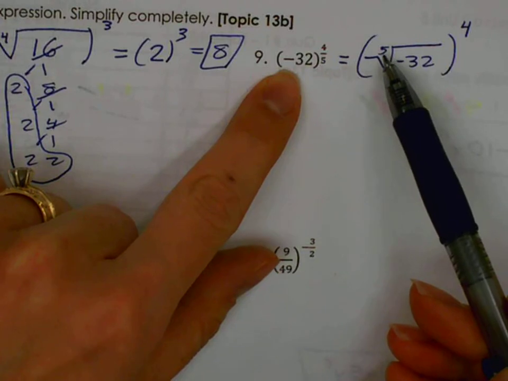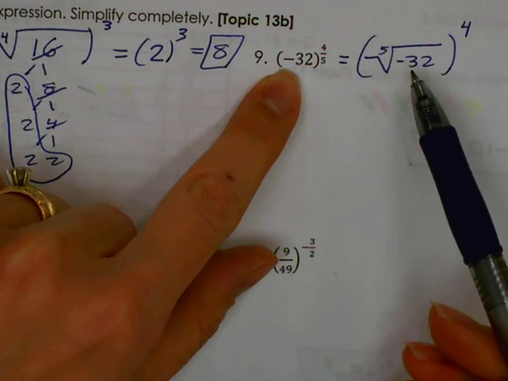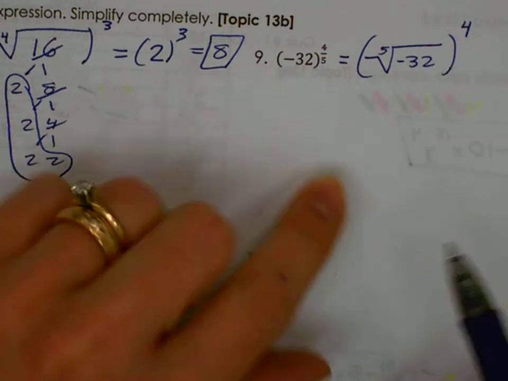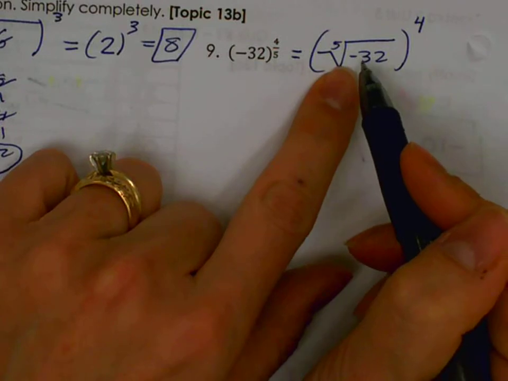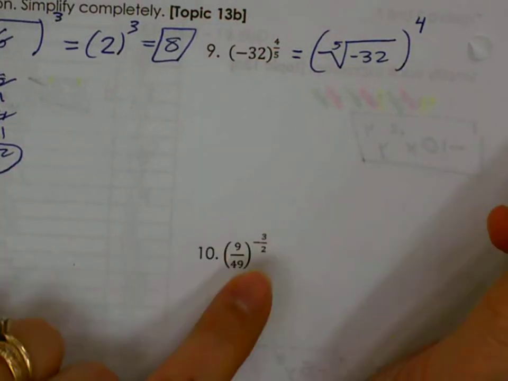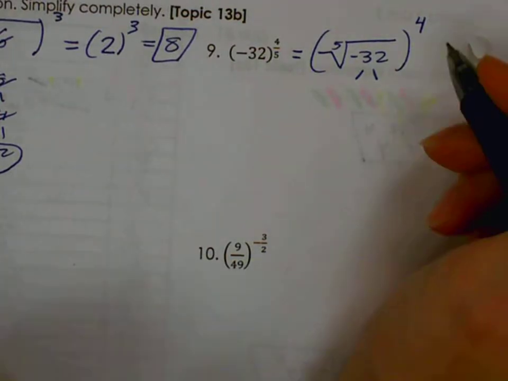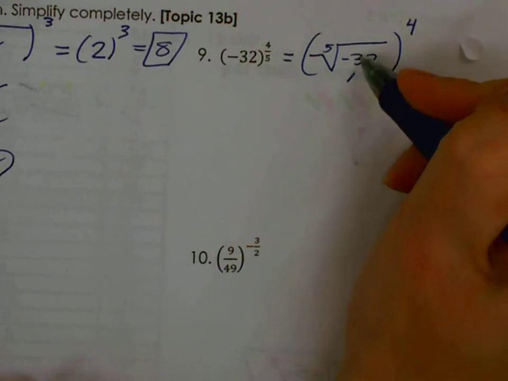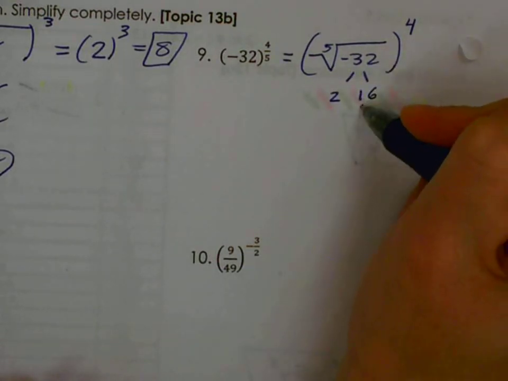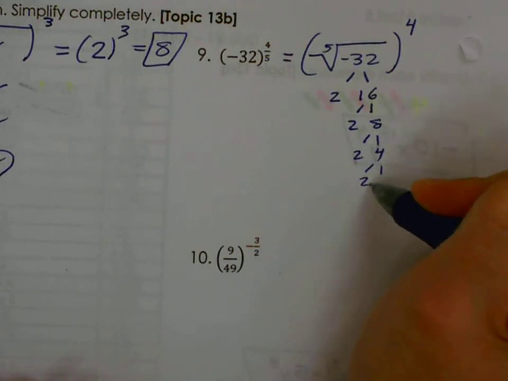And because it's an odd root, 5 is an odd number, it's an odd root, I actually can take an odd root of a negative number. So I know when I do this, if it's an odd root of a negative number, my answer is going to be negative. So I can actually just factor tree this like it's positive 32, just remembering that my answer is negative. So I've got 2 times 16, 2 times 8, 2 times 4, and 2 times 2.